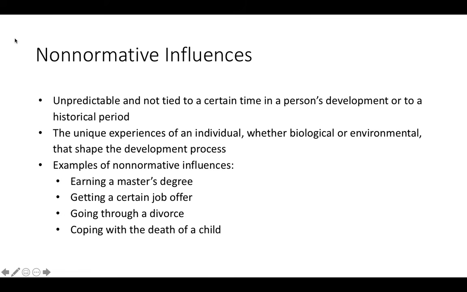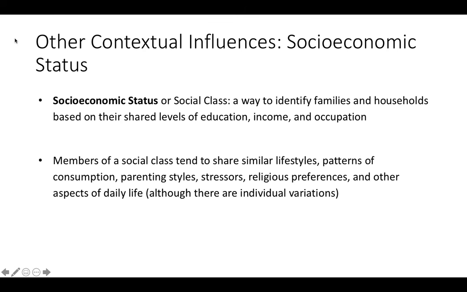Some don't get a master's degree at all. Getting a certain job offer, that can vary from person to person. We're not all on the same timeline when it comes to career growth. Going through a divorce, some people will do so, maybe early on in life, later in life, or maybe not at all, as well as coping with the death of a child. These are all examples of non-normative influences.